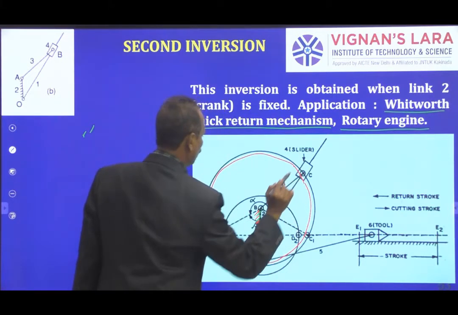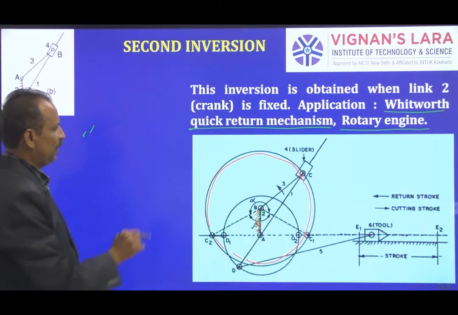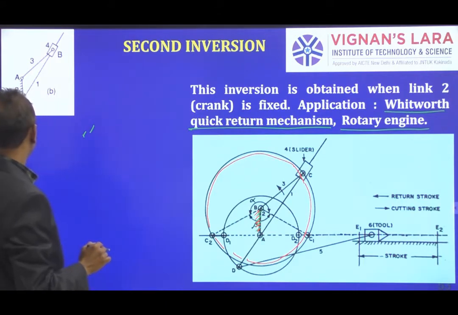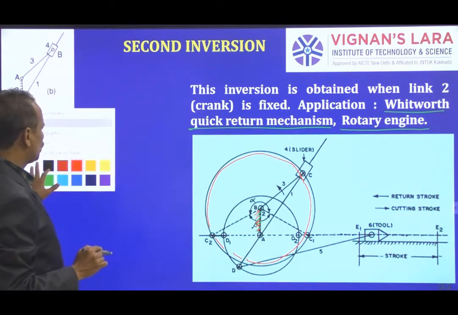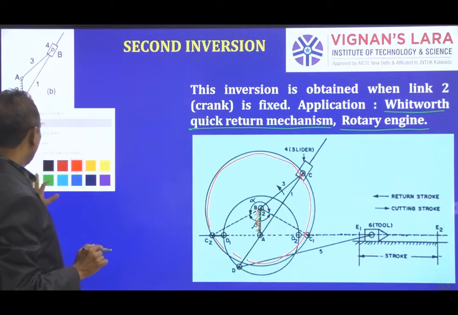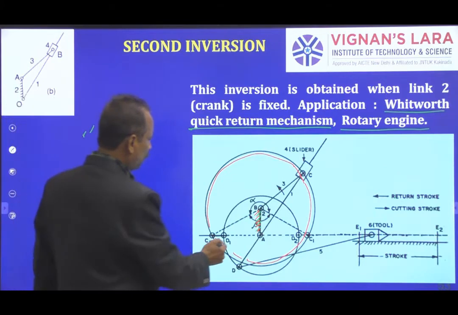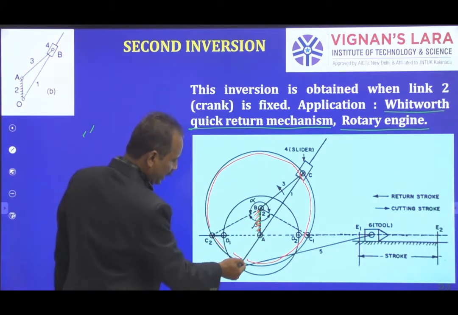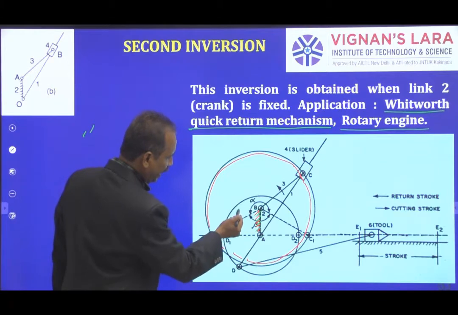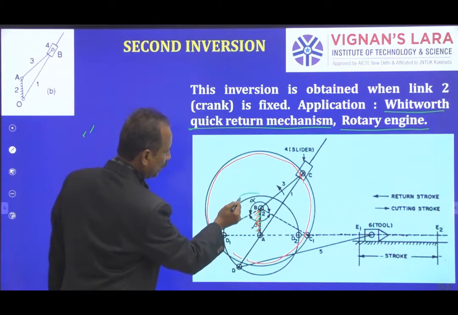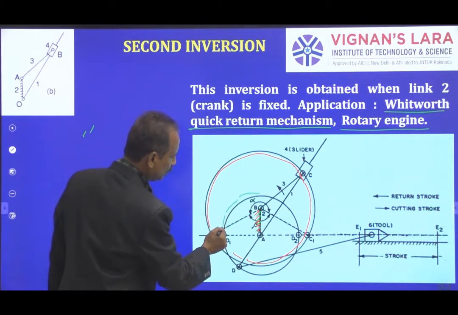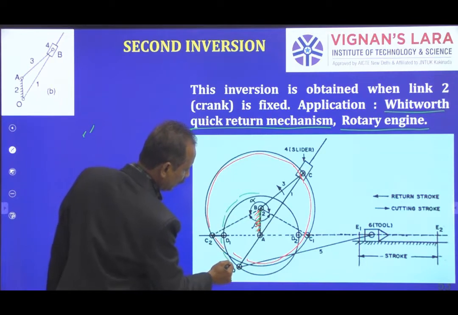This is the circle, for the rotation of the third link. Then you can also observe there is one more circle, corresponding to a center A with radius AD, that forms like this.